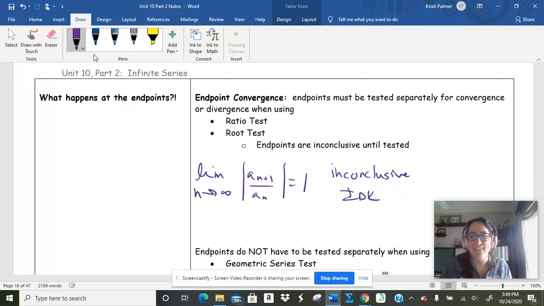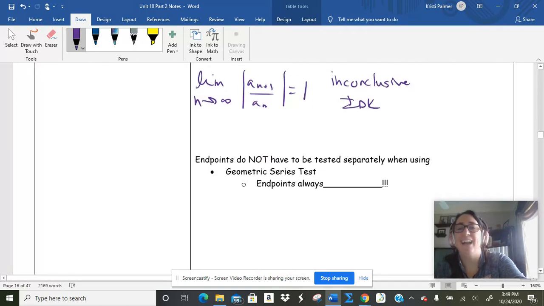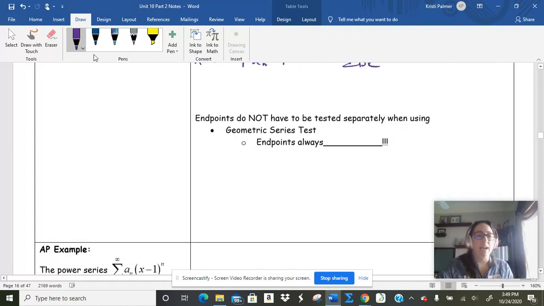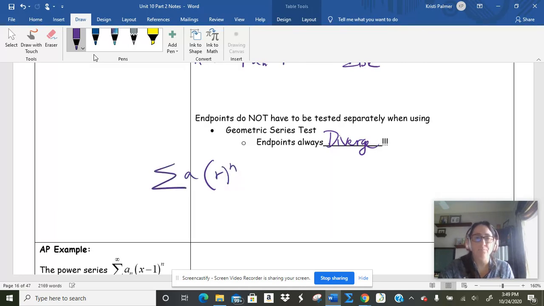So see, it just keeps continuing. Unless we have a geometric series test. If our series was a geometric series, the endpoints will always diverge. Why? So when I have this a times r to the n, remember diverging is when the absolute value of r is greater than or equal to 1.